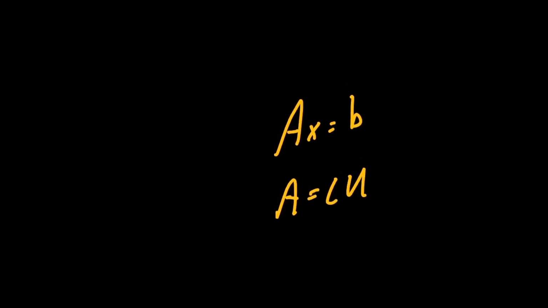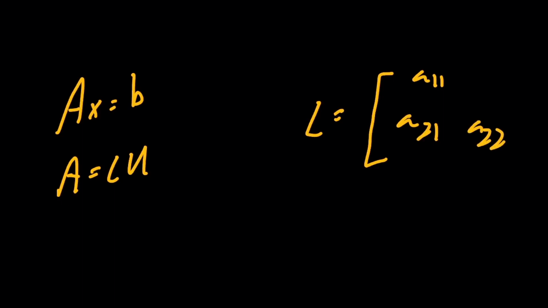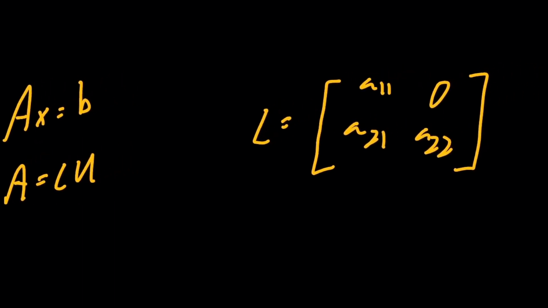So let me give you guys a visual representation where we have L is equal to A sub 1,1, A sub 2,1, and A sub 2,2, and 0. Or for a bigger matrix, it's just going to look like this.